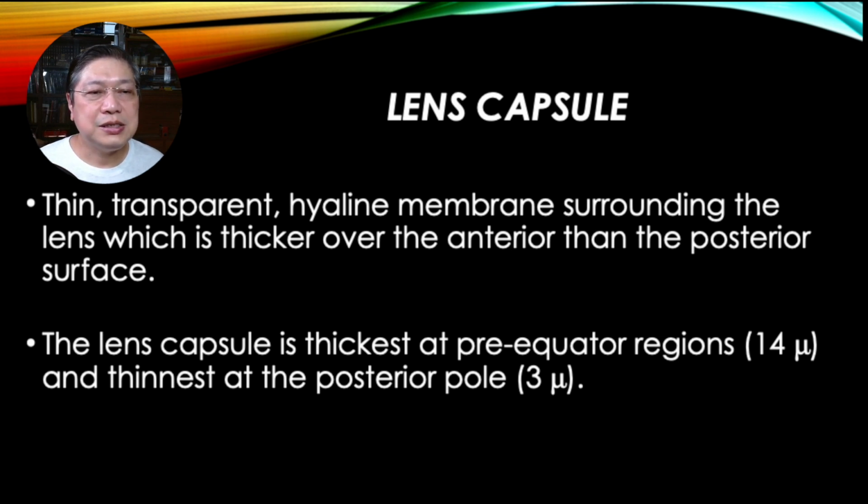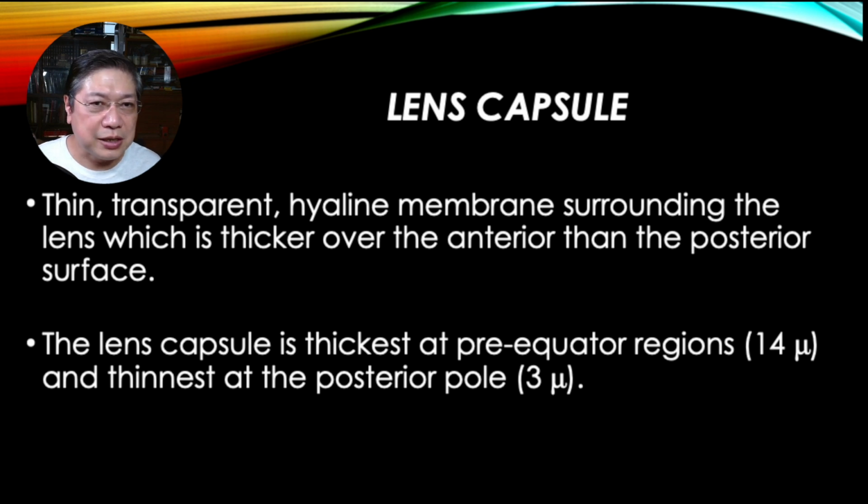Now, why is it important that it's thickest at the equator? Because that is where the cables are attached. That is where it's getting pulled. So that area needs to be very, very strong. Now, this capsule needs to be intact after a cataract surgery.